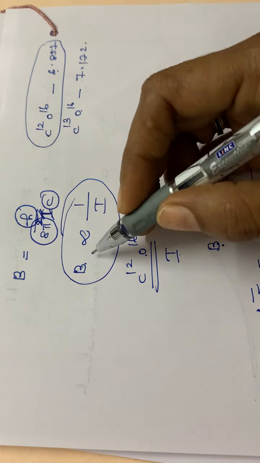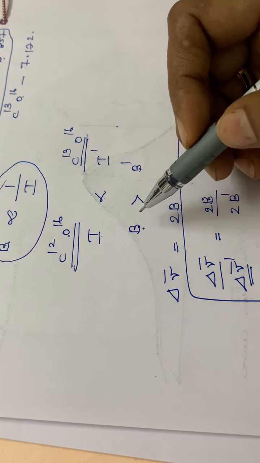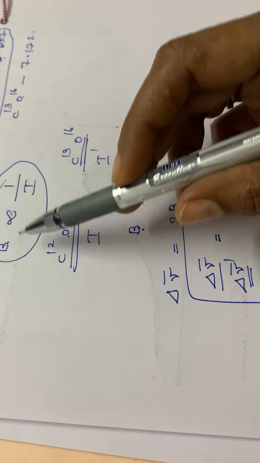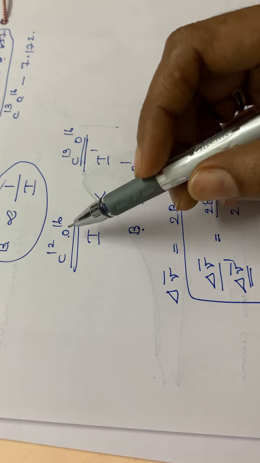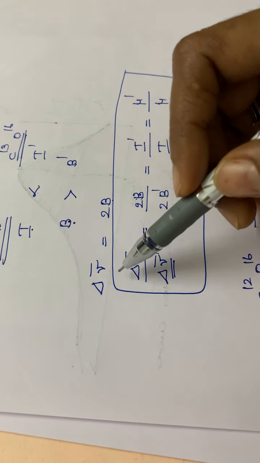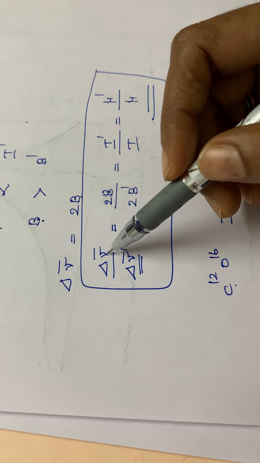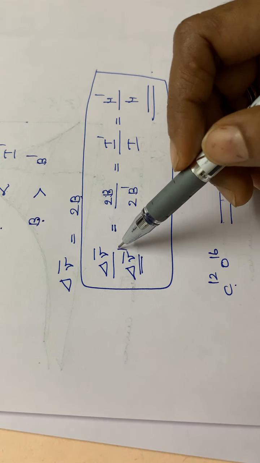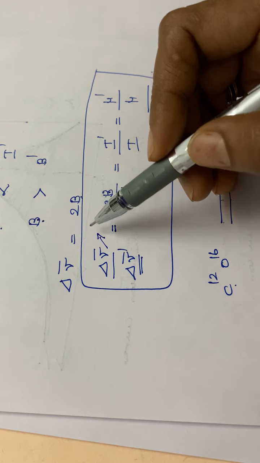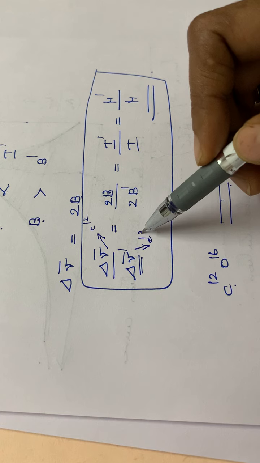And again, B is inversely proportional to I. Therefore, I and B are inversely related. Therefore, for C12, I is greater and also B will be greater. From that, we can write the formula delta nu bar is equal to 2B, that is the line spacing. So, delta nu bar divided by delta nu bar dash. This delta nu bar is for the C12 molecule, and this delta nu bar dash is for the C13 molecule.